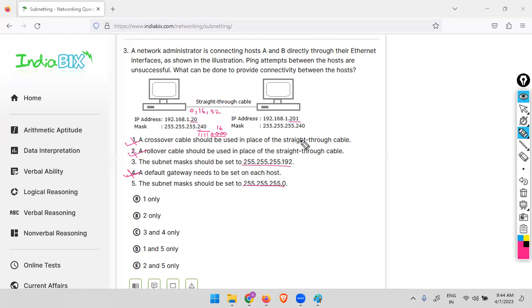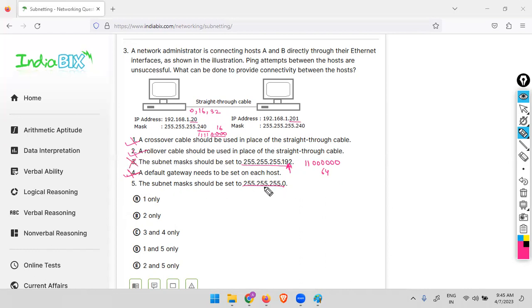Looks interesting. 192 means 2 ones, 6 zeros. According to this, the block size will be 64, 2 raised to power 6. Again, not in the same range. So this option is also incorrect.